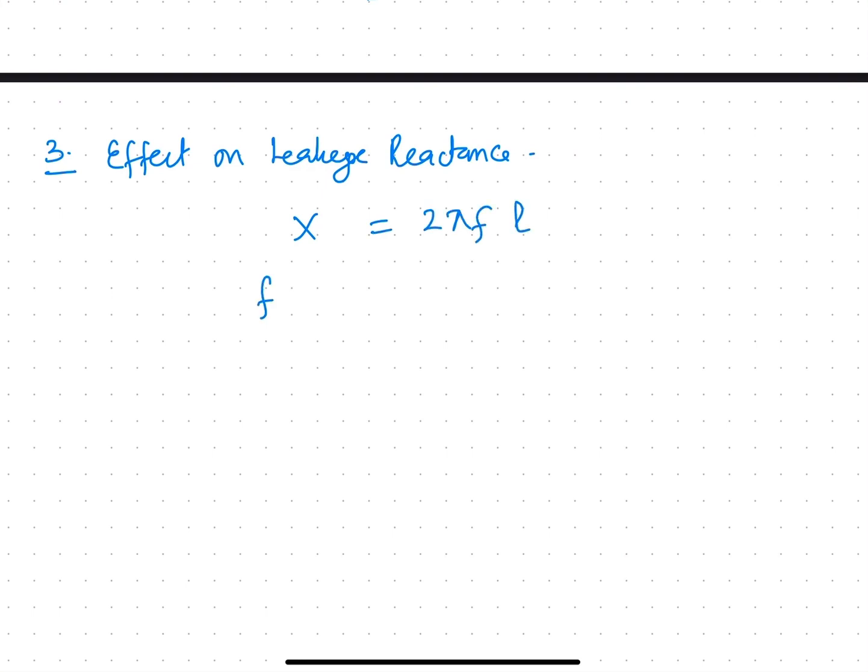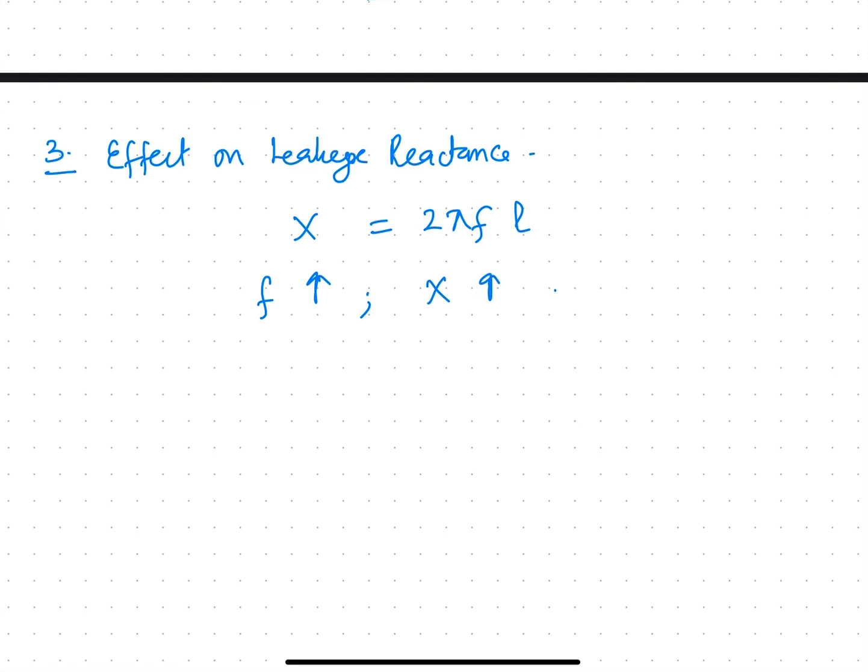Point 3 is the effect on leakage reactance. You know that the leakage reactance X is equal to 2 pi f L. So if you increase frequency, the leakage reactance is also going to increase.